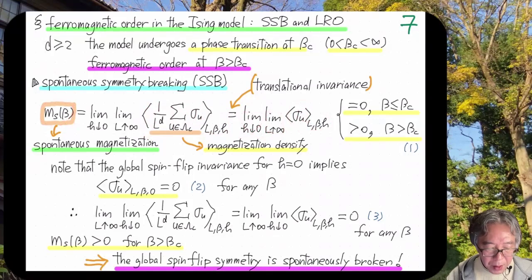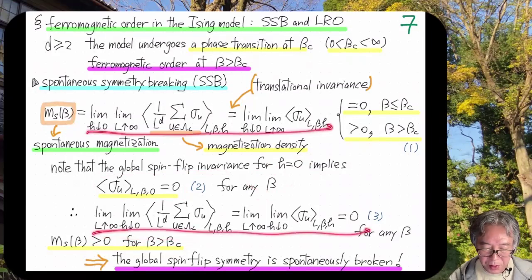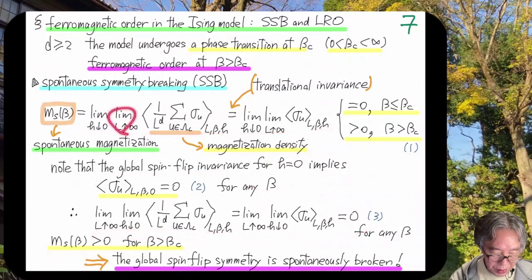Now here's a very important observation. Suppose that h equals 0 and L is finite. Because of this global spin flip symmetry, when h equals 0, the symmetry implies that the expectation value of sigma is 0 for any beta and for any u. This is very similar to the previous quantity, but there is a subtle difference.